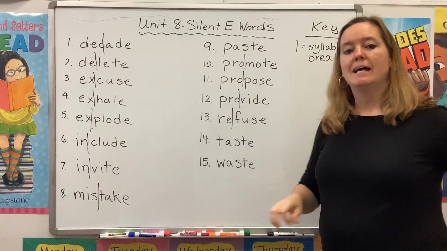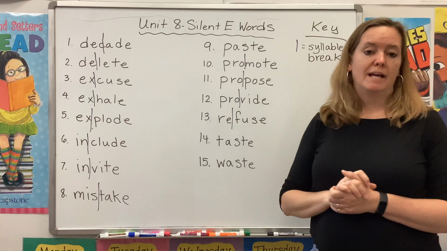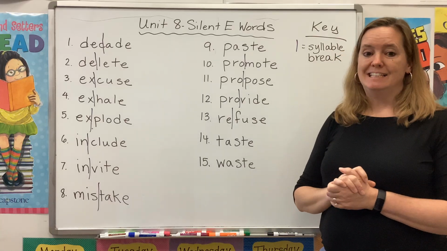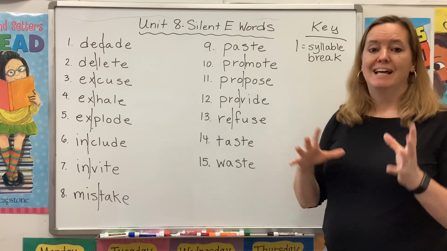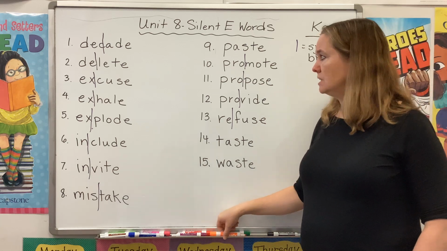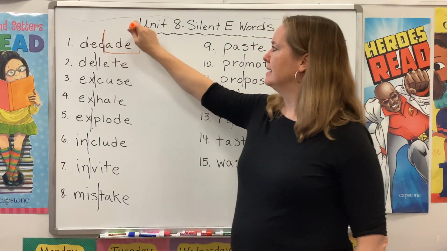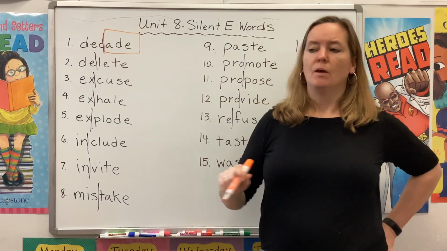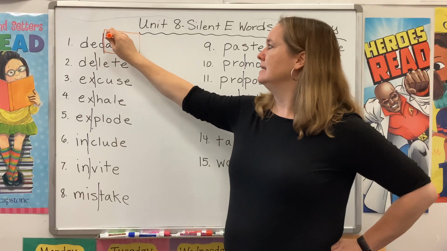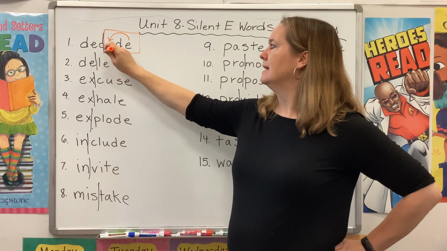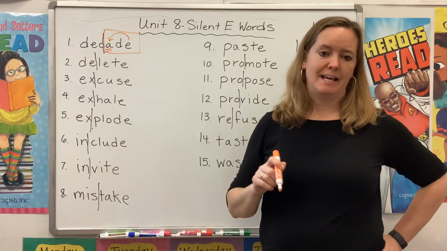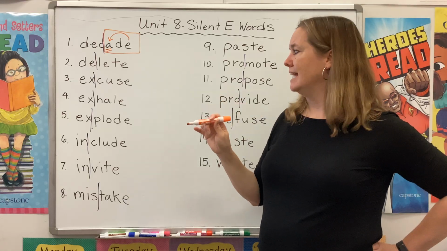All right, now let's take a look at our silent E syllables. Notice they're all at the end of our word. So choose a color. And I want you to put a box around the A-D-E. Remember that bossy E is going to slide over the D and make the A say its name. Decade.